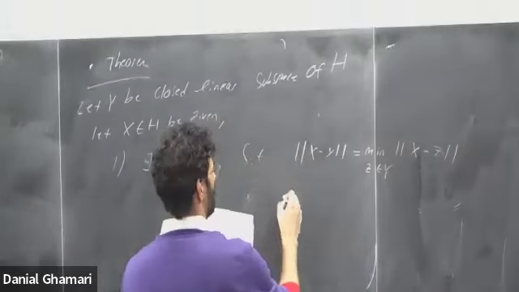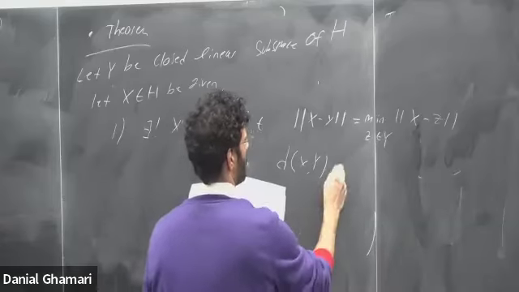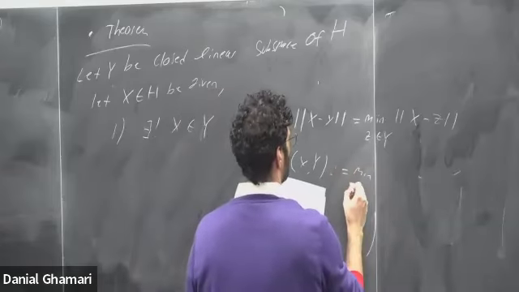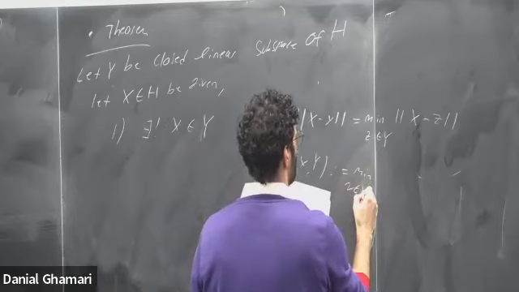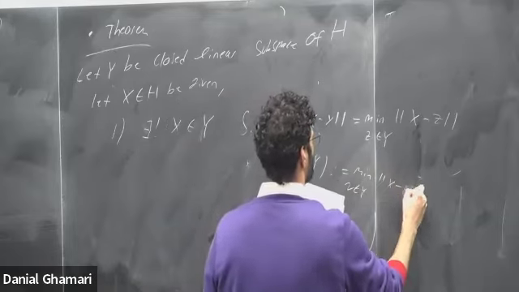You guys remember that d of x comma Y, which was defined as the minimum over the elements of Y of the norm of x minus y.